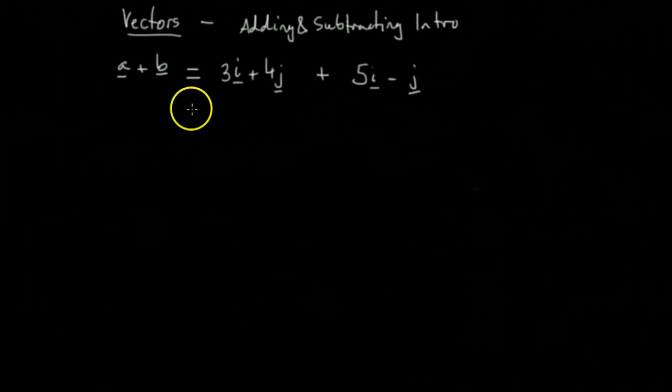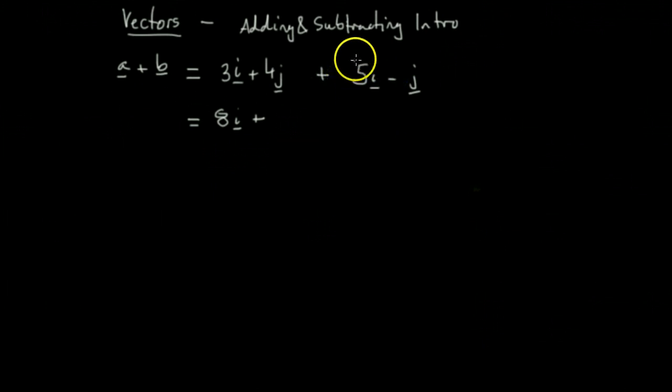When you add these, they add very much as logic would dictate, and so I have 3 i's and 5 i's. You can think of them as coefficients 3 and 5 of the same variable i. Slightly different, but you can think of them like that. And so I end up with 8i plus 4, and then minus, it's plus minus.